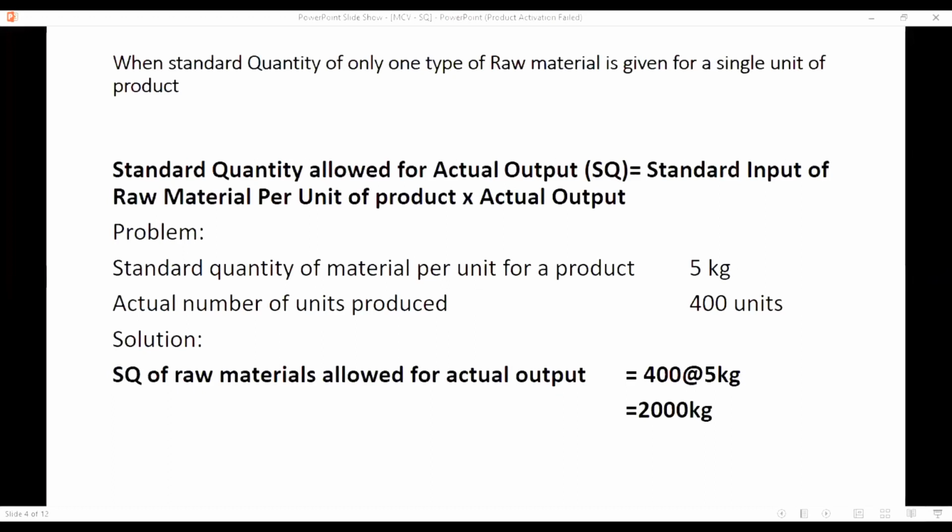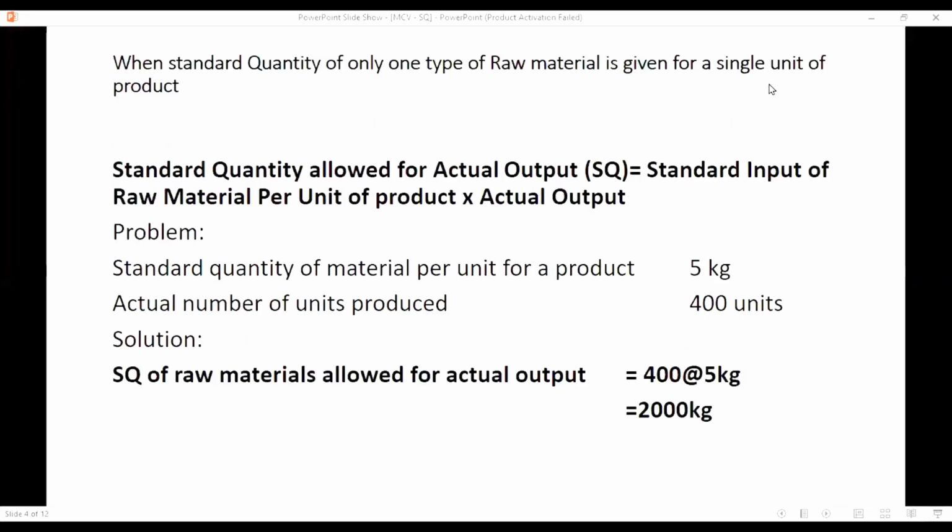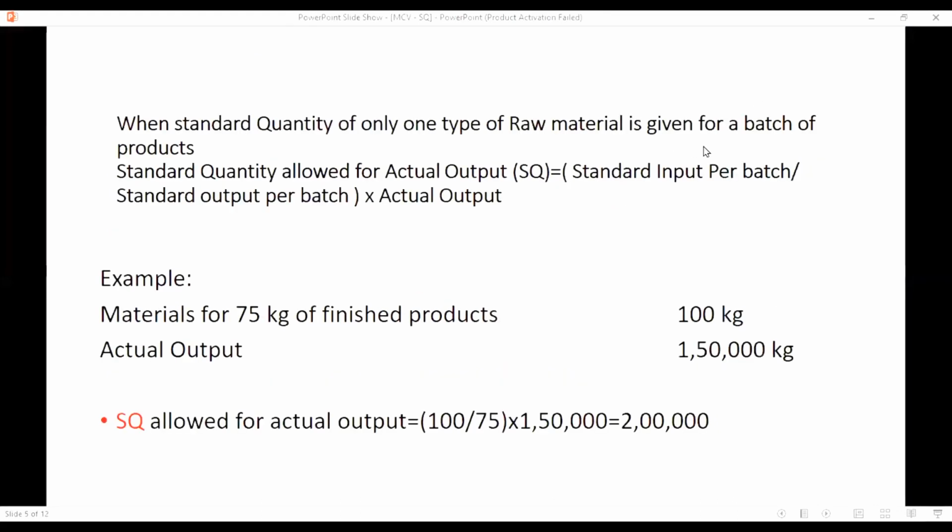Next, when standard quantity of only one type of raw material is given for a batch of products. In the previous problem, that was a single unit of product. Now for a batch of products, the formula for standard quantity allowed for actual output is standard input per batch divided by standard output per batch into actual output. Here standard input per batch is 100 kg and standard output per batch is 75 kg.